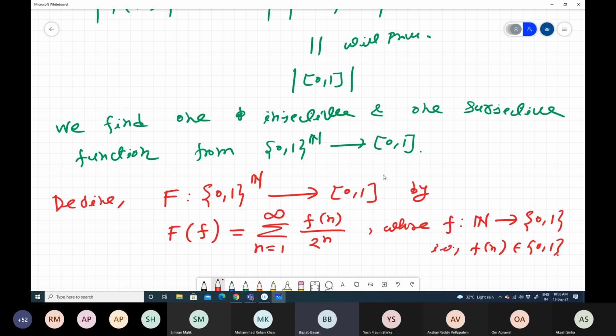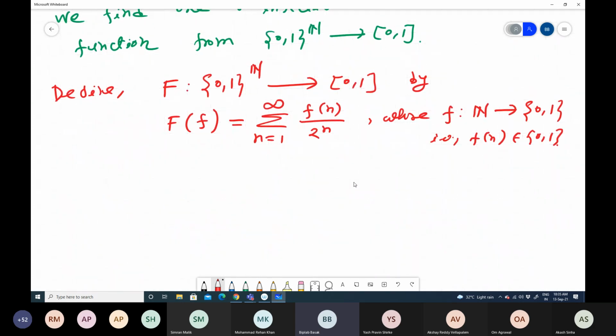Now can you tell me why this is a surjective function? Sir, because any decimal, if you write it in terms of binary, you'll get an infinite sequence.